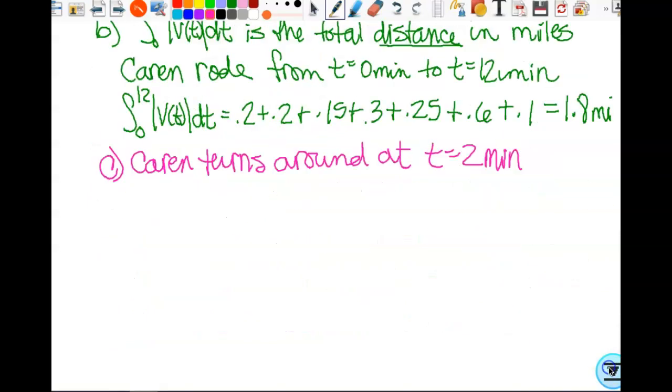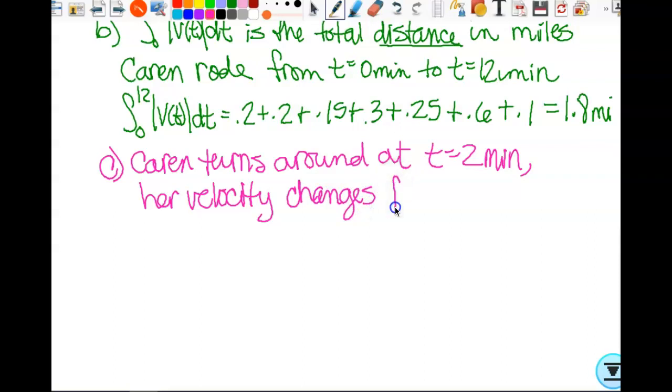And we know this because her velocity, or v of t, changes. I can't just say changes signs, it changes from positive to negative. Or we could have said because velocity changes from v of t greater than 0 to v of t less than 0, however you want to say it. There are different ways to word it.